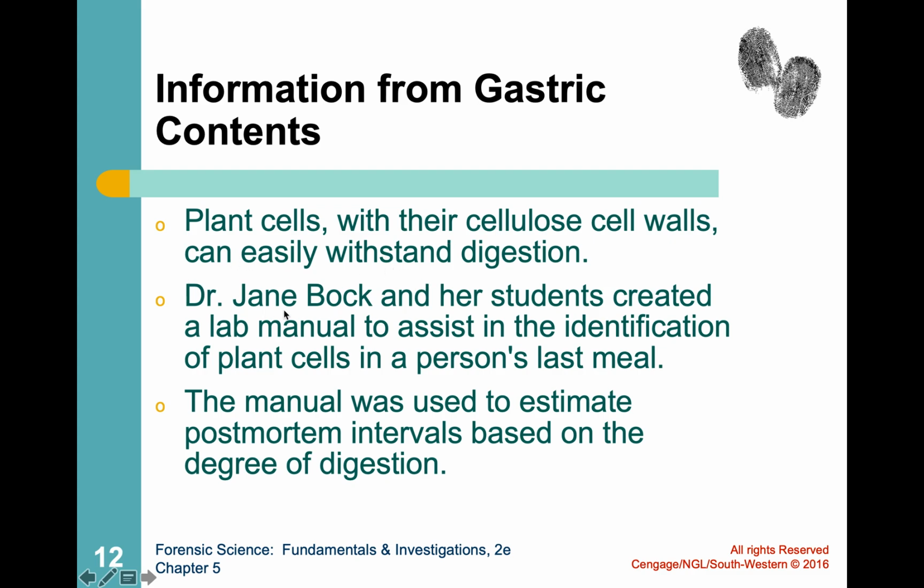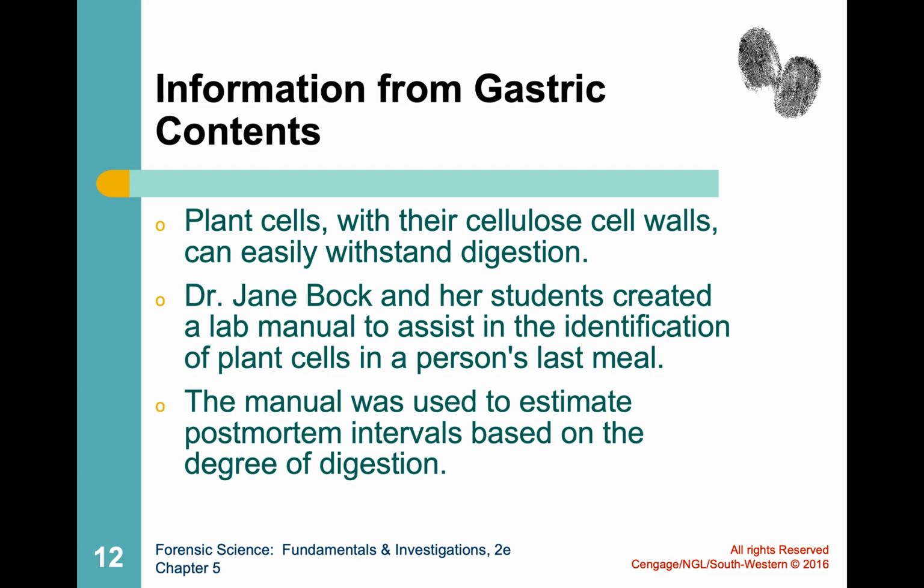Jane Bock, a botanist from the University of Colorado, and her students created a manual to help determine a PMI, similar to what we talked about in Death, chapter 12, on stomach contents.